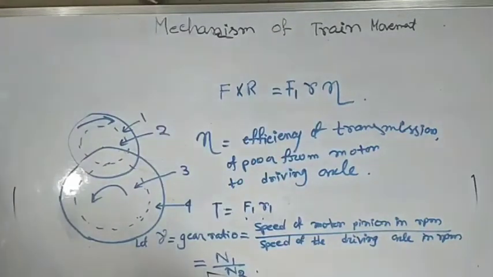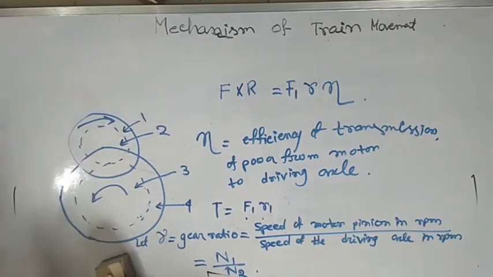Now R is the radius of the gear wheel fixed to the axle.